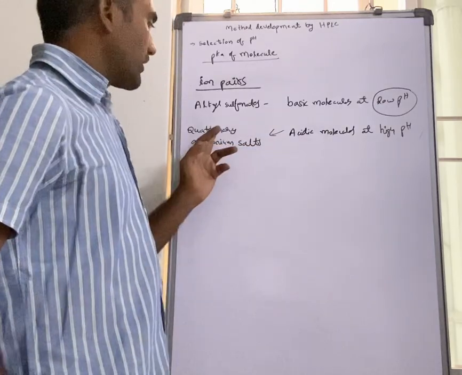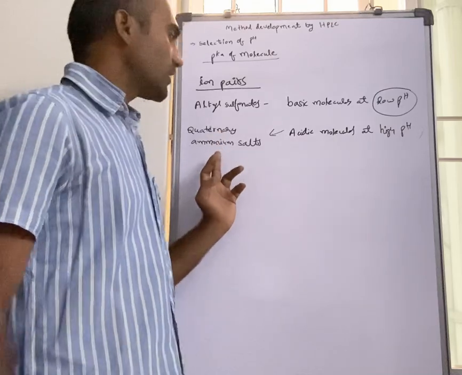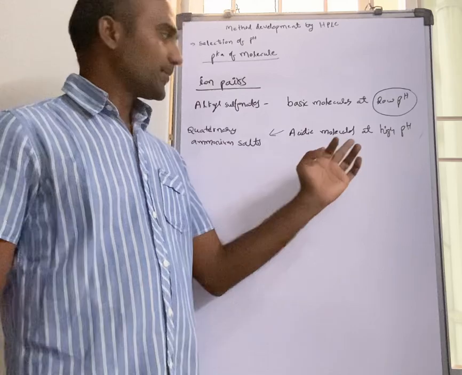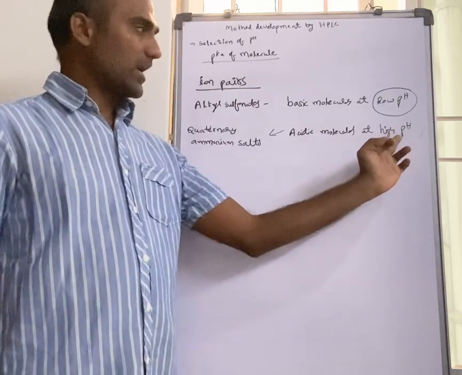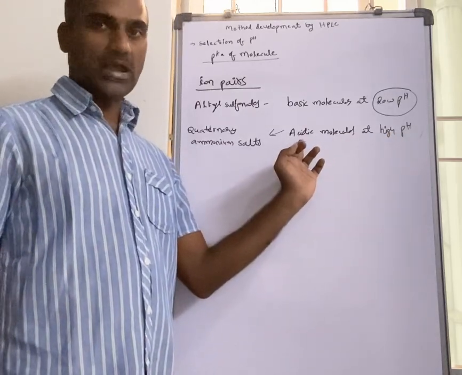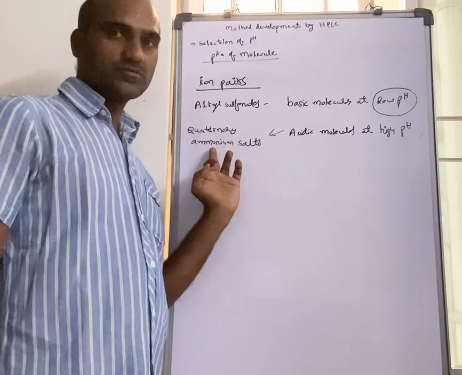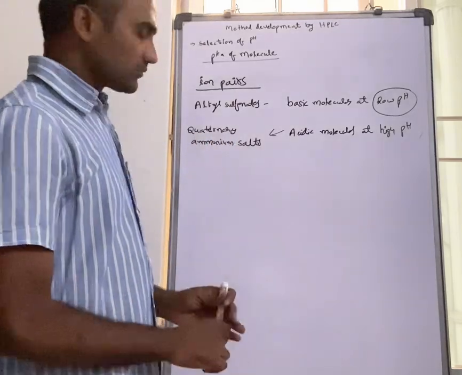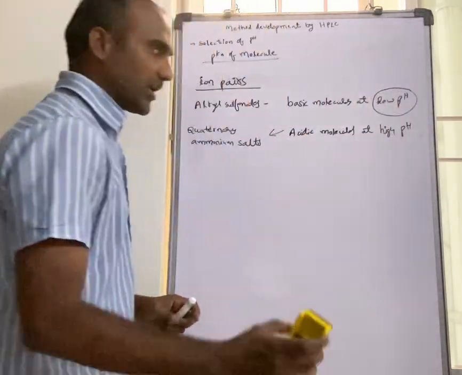So quaternary ammonium salts are basic in nature. These will combine with acidic molecules and form a complex. So at high pH, these acidic molecules ionize and combine with these quaternary ammonium salts and form a bulky group and complex. Okay. So this is about the ion pairs.